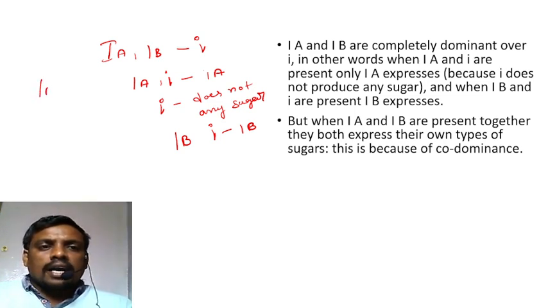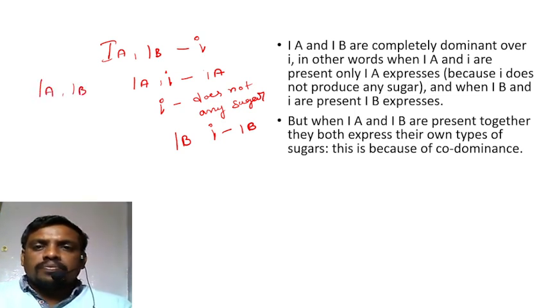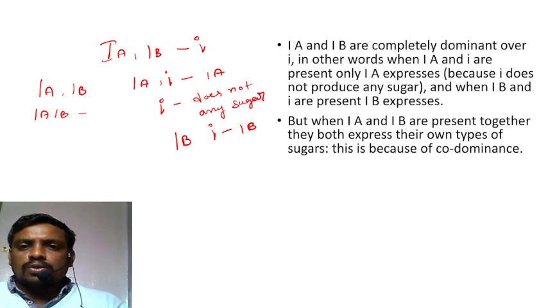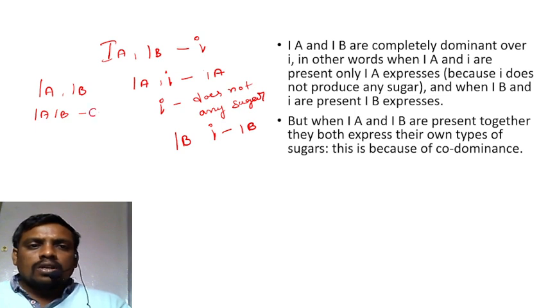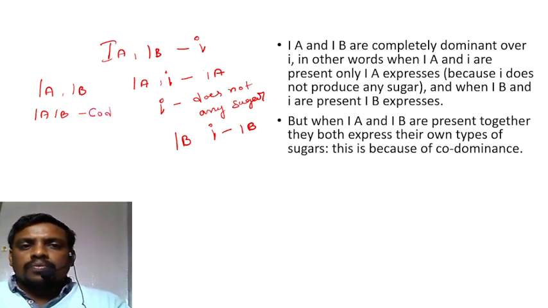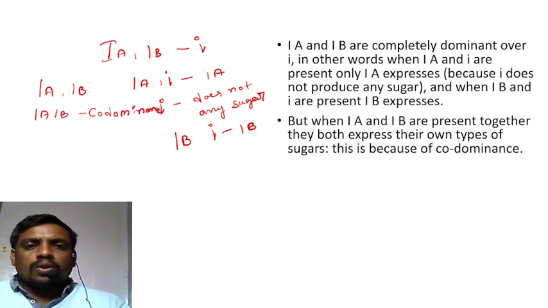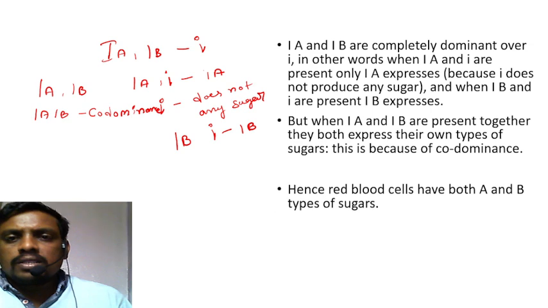Now in case IA and IB are present together, they produce their own types of sugars together. This is because IA and IB can both be dominant together, hence it is called codominance.